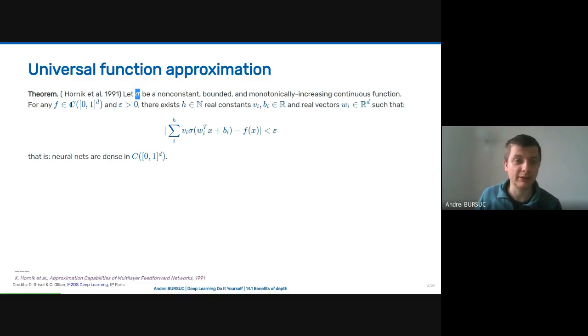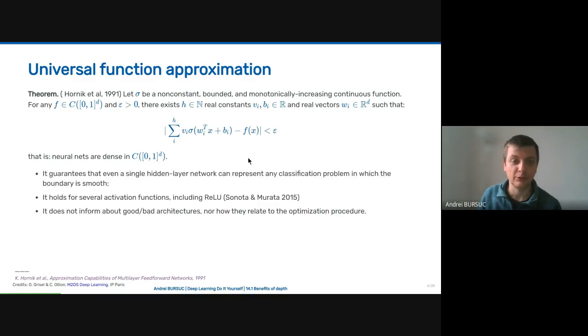For any f in a continuous domain bounded by 0 and 1, and a certain epsilon, there are h real constants v_i and b_i in R, and real vectors w_i, such that when we do this approximation, where this is our target function that we want to approximate, and this is practically the output of a one layer neural network. So this is what it says, that we can actually approximate this function f given these parameters.